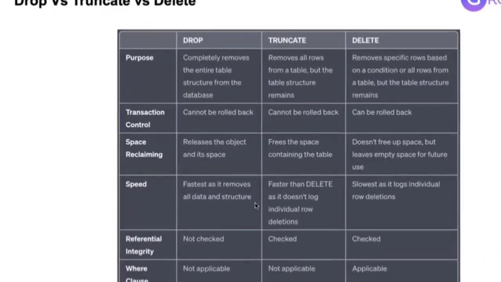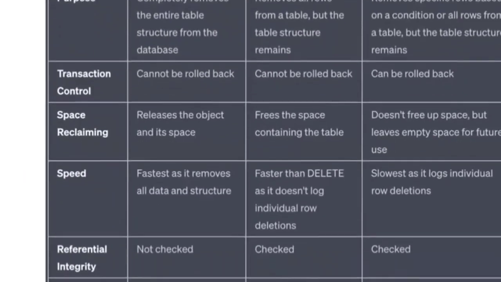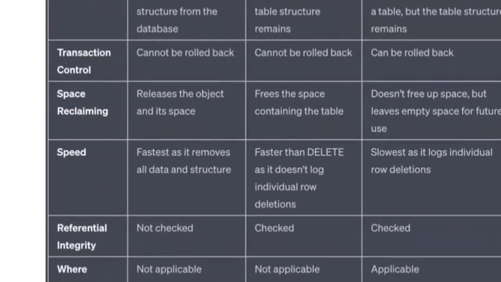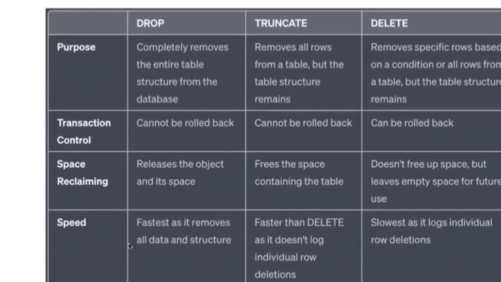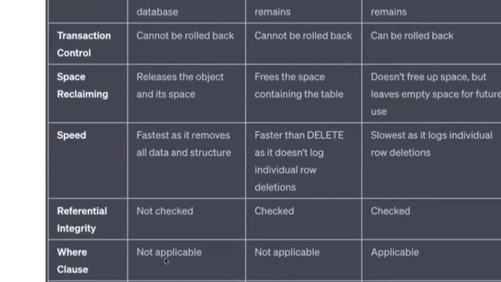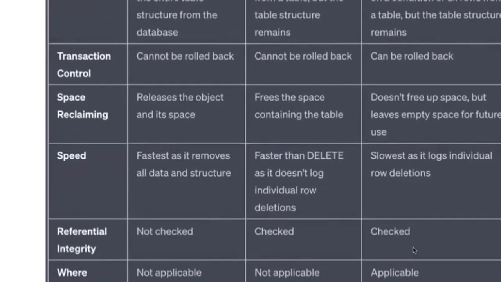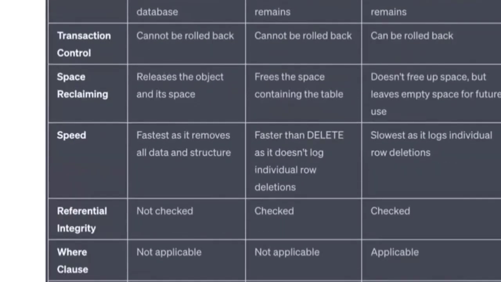But with truncate and drop, it is deleting everything. Hence, it does not support any filter condition. So you can see not applicable, not applicable, and the where clause is applicable in the delete statement. And which category are these commands? Drop will be in the DDL, truncate will be in the DDL, and delete is in the DML.